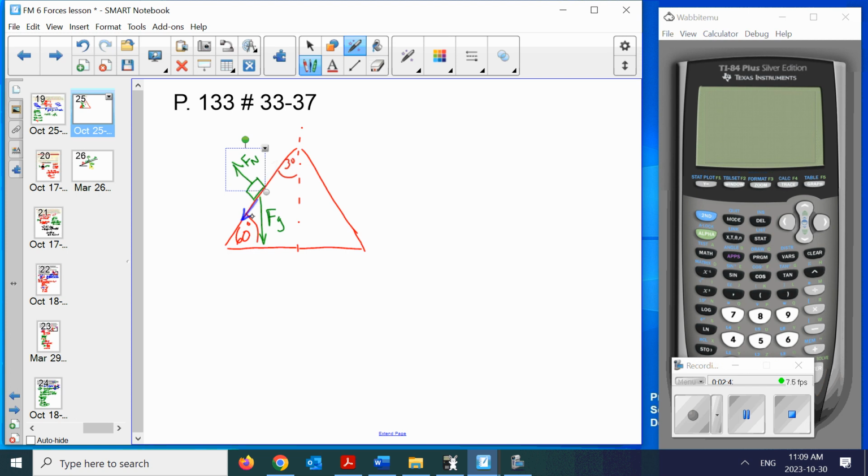I'll just put that in real ink now. I'm going to call it FA for applied force for the ant climbing up at a steady speed, equal and opposite to the gravitational pull force, right? Make sense? Was there anything else that people had on their diagram?